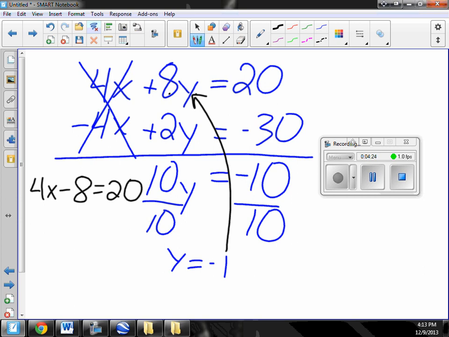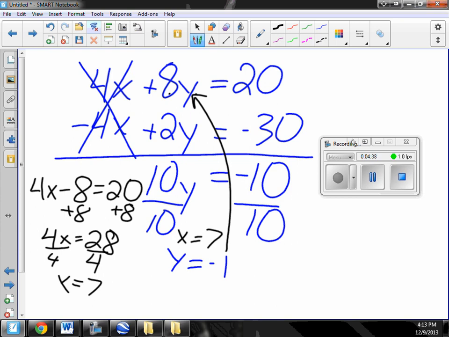To find x, I just add 8. 4x equals 28. Divide by 4, and x is 7. So my answer is 7 comma negative 1.